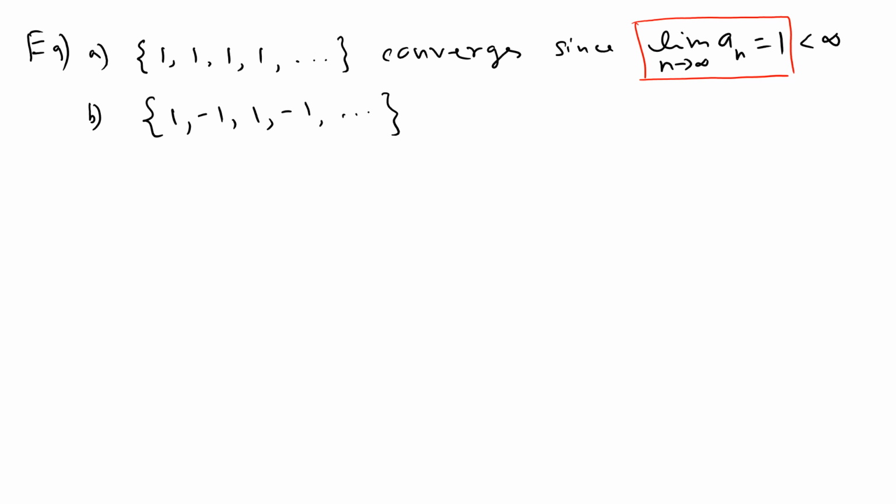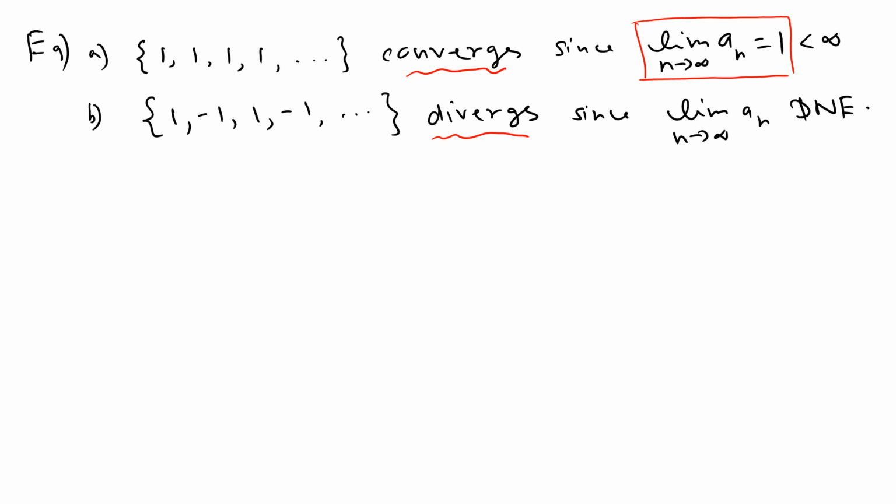So the sequence diverges, since the limit as n goes to infinity of an does not exist. Here the sequence converges because the limit is 1. Here the sequence diverges because the limit does not exist.